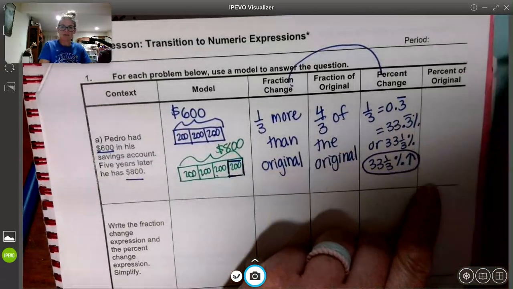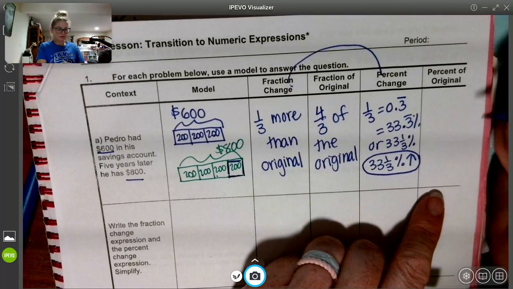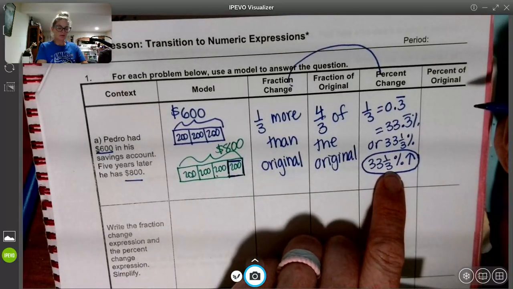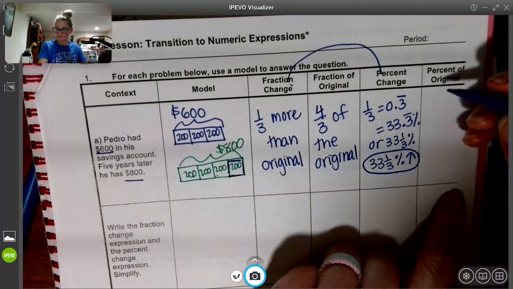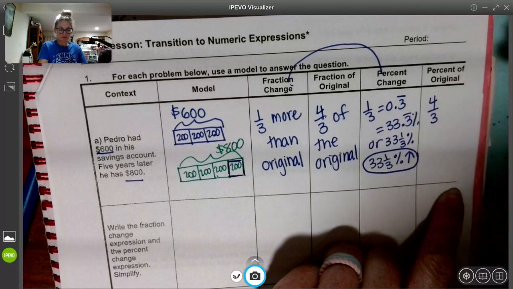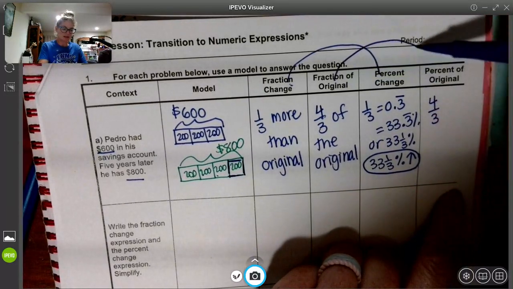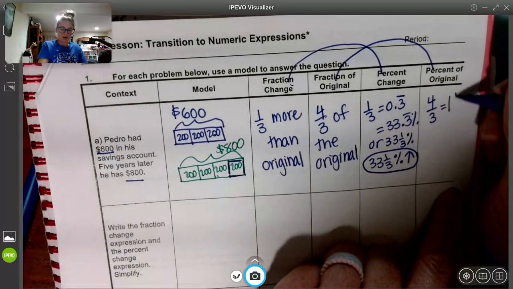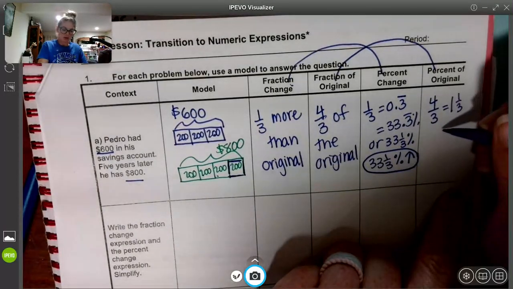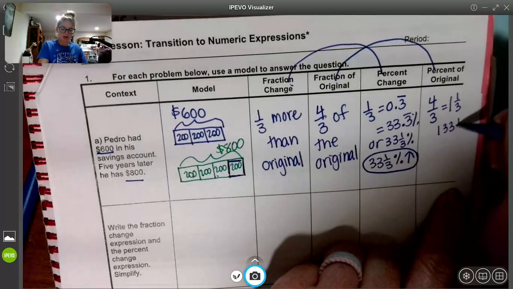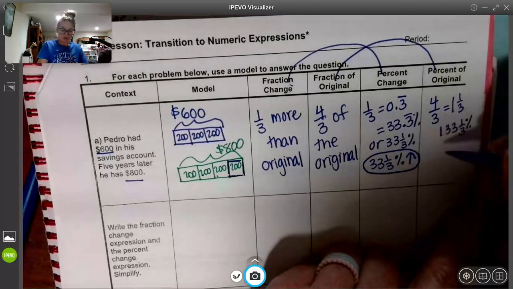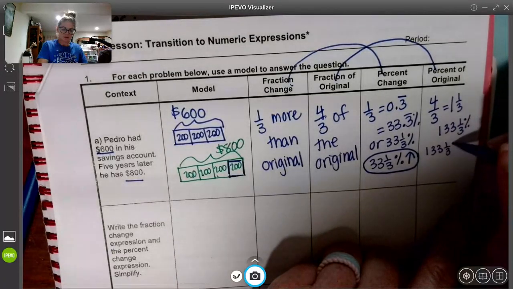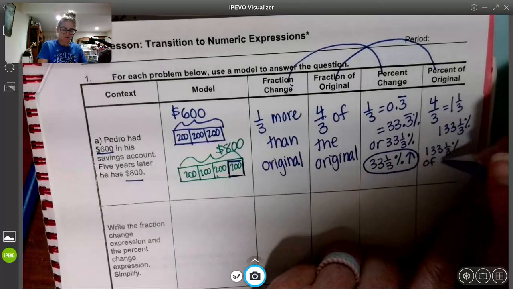And then the percent of the original is 133 1/3% of the original, because this is 4/3. Percent of the original is related to the fraction of the original, which we know is 1 1/3, which we know is 133 1/3% of the original.